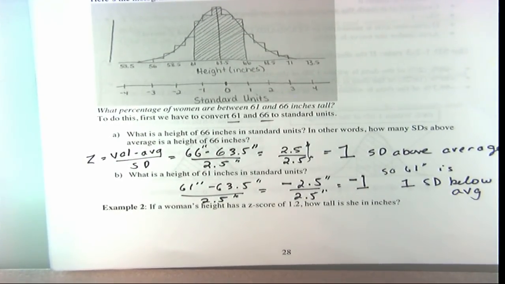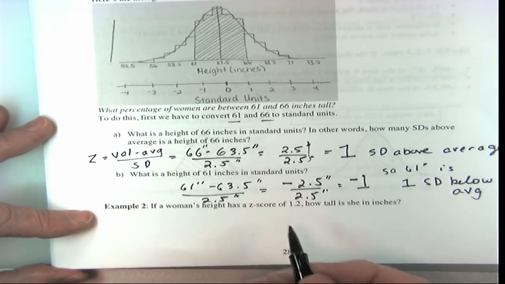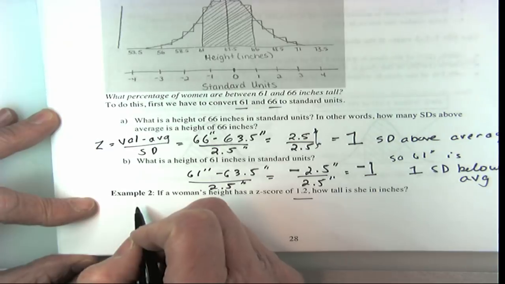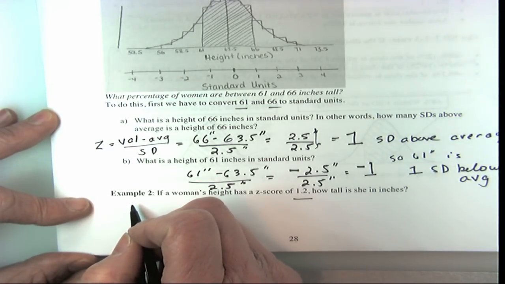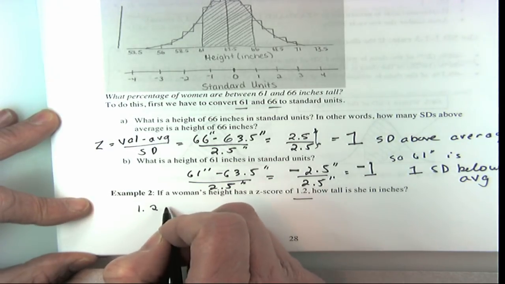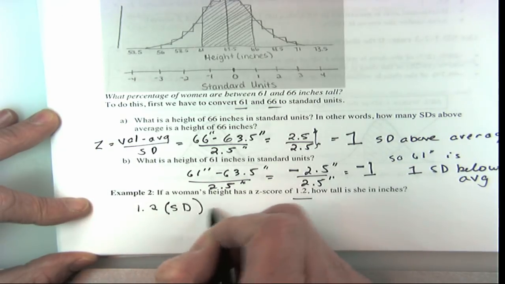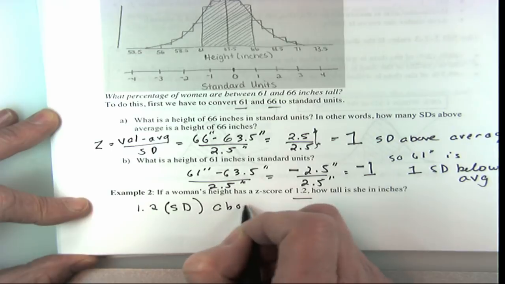Any questions on that? All right, if a woman's height has a z-score of 1.2, how tall is she? What does that 1.2 tell you? It's not 1.2 inches. It's 1.2 standard deviations above the average.